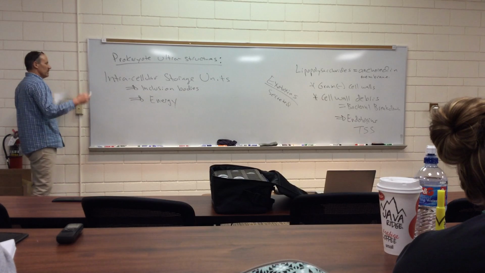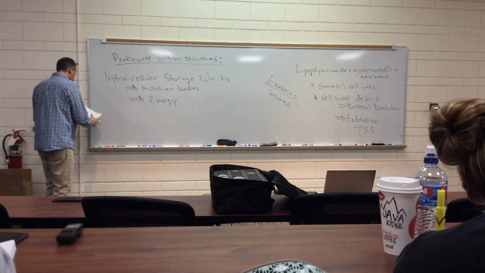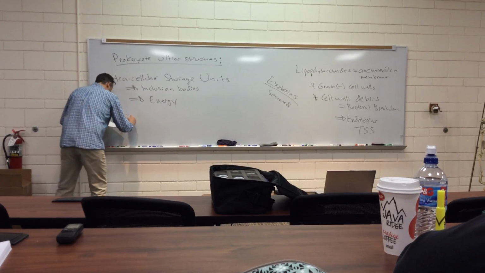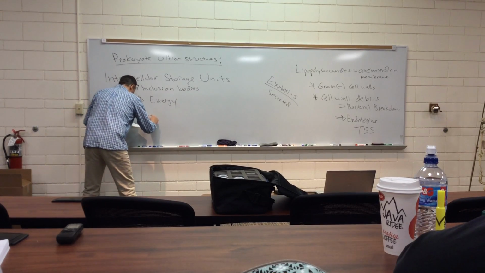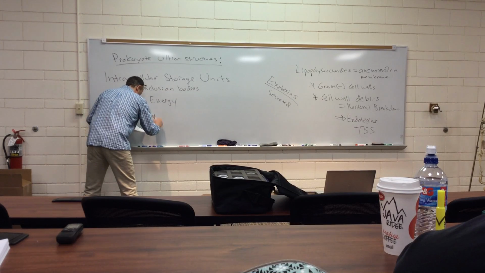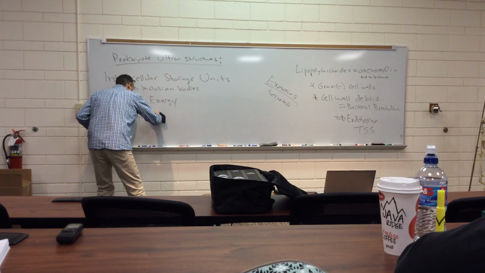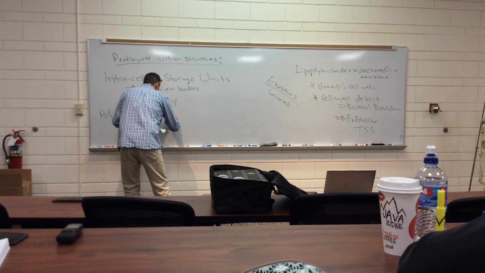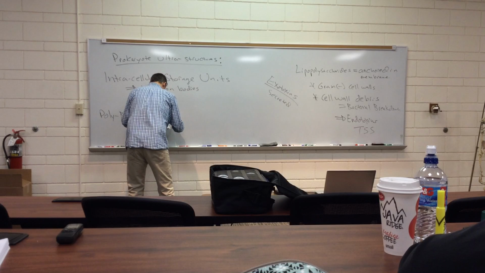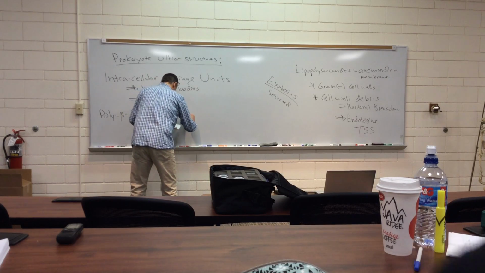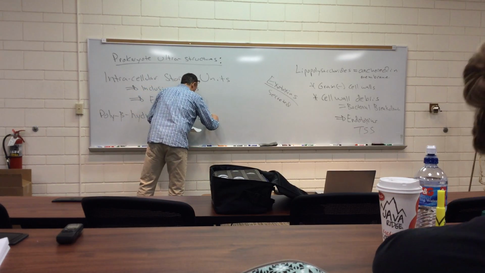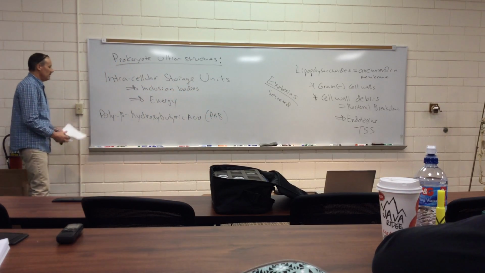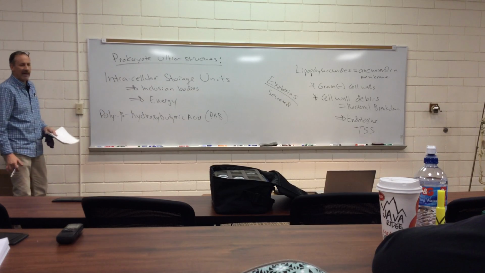So we'll start with a big list of examples of what we find in these storage units. One of my favorite: we have this thing called PHB, polybeta hydroxybutyric acid.